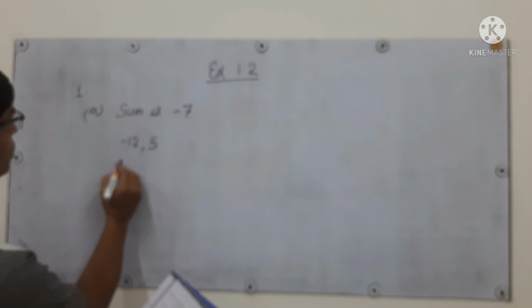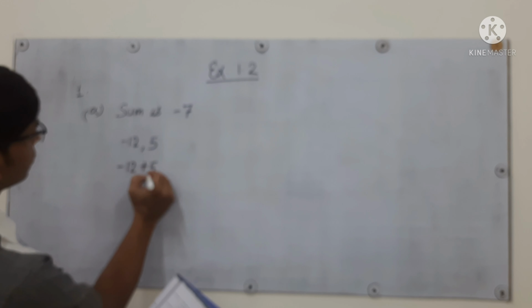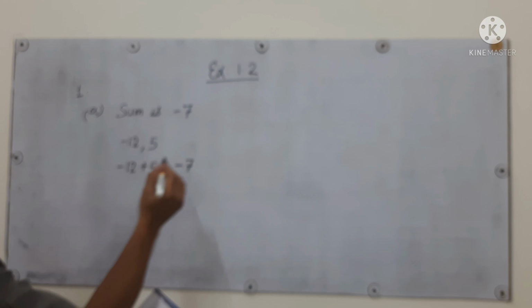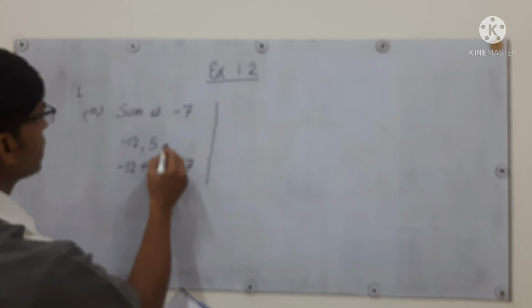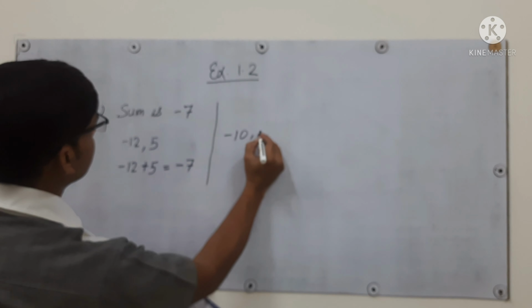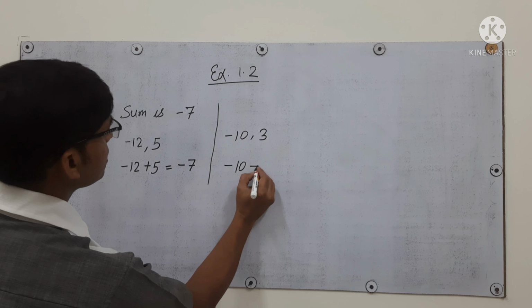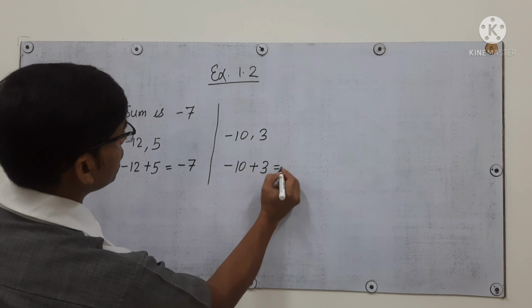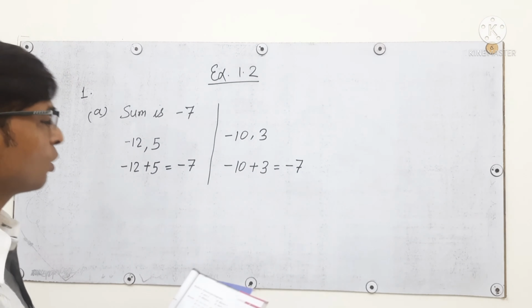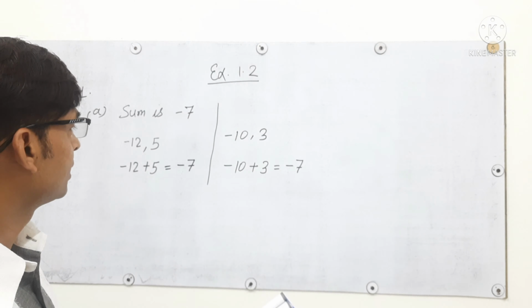When we add -12 and +5, we get -7. Or we can take two integers as -10 and 3. When we add both the numbers, it gives the answer -7. You can see how easy these questions are.